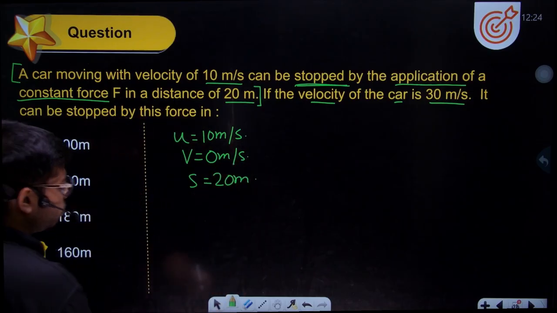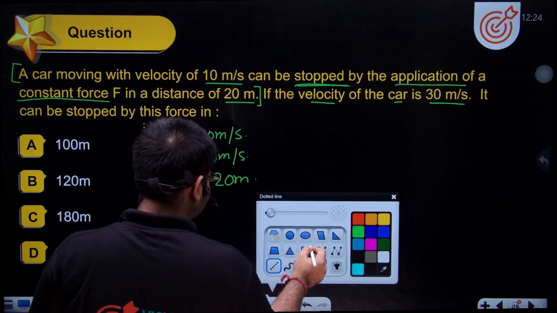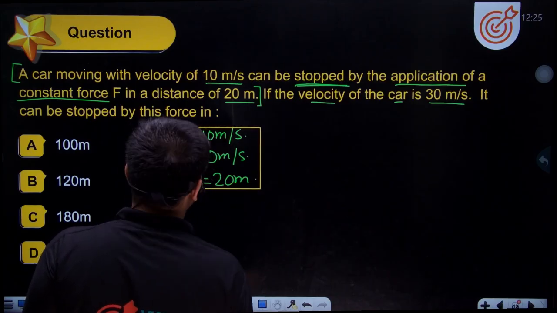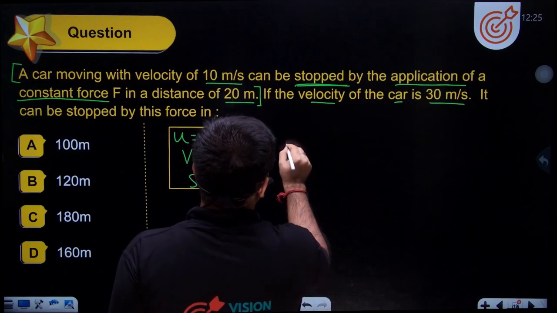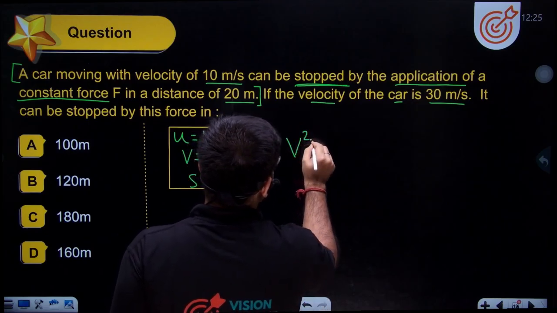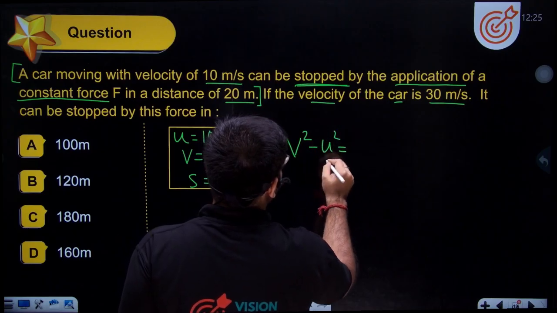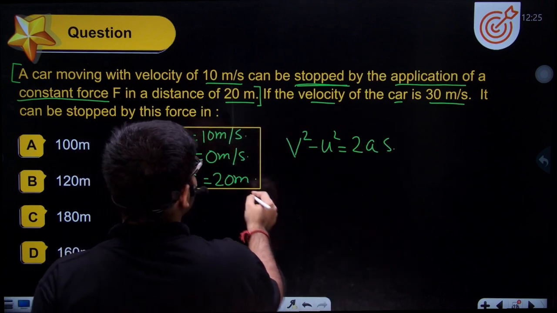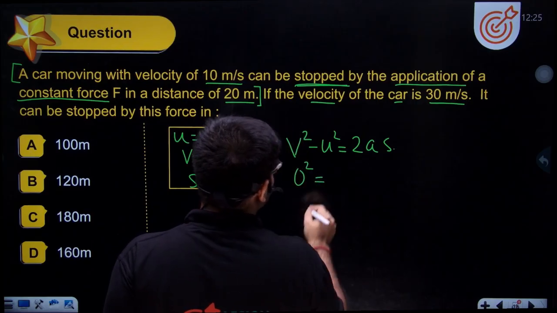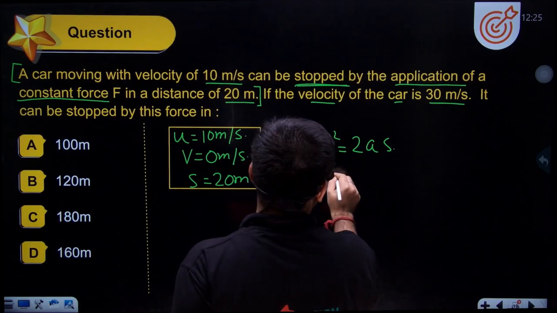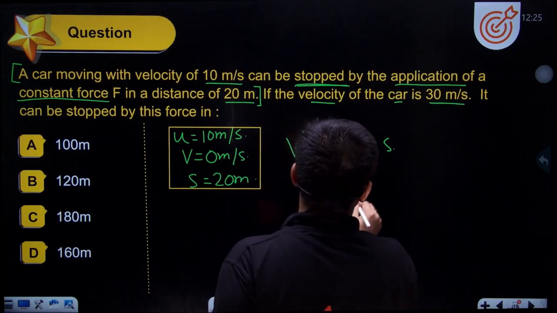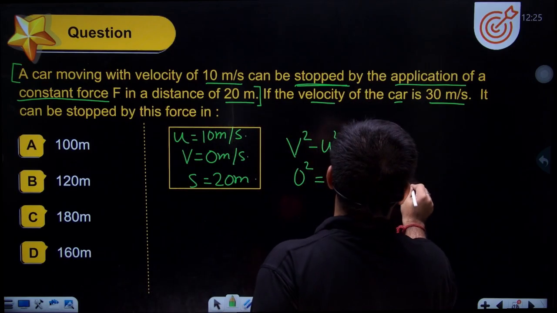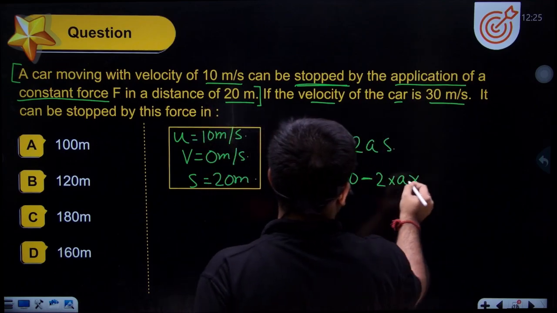So you have this information. Now with this information, you will apply the third law, v square minus u square is equal to 2as. So v is 0, and we can say 0 is equal to u square minus 2as. What is the value of u? It is 10 squared, 100. Why minus? Because it is stopped, so there is retardation. I do not know the acceleration, but s I know, 20.